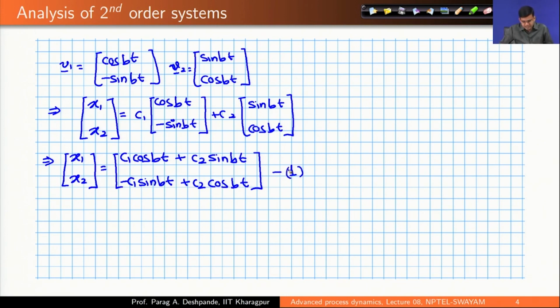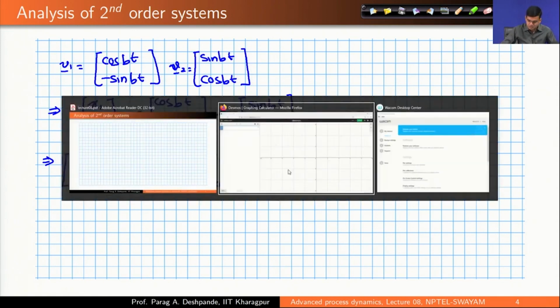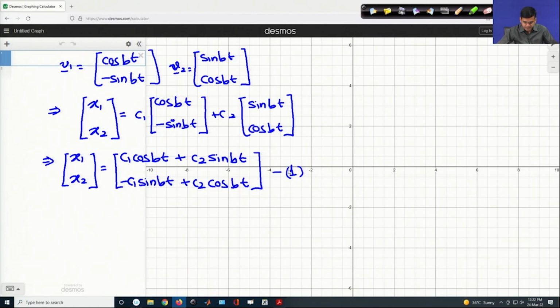It is a little difficult to visualize this particular parametric plot. So, let us do one thing, let us plot it using our Desmos calculator. So, we will write this like this.